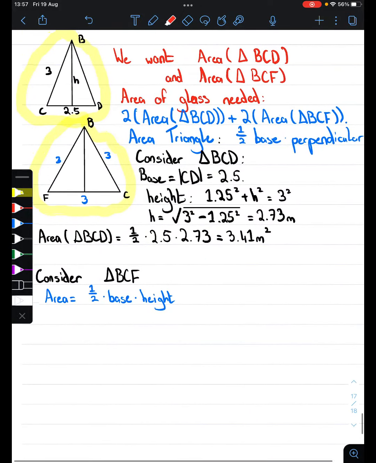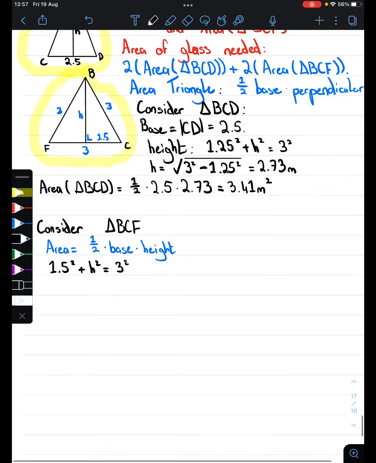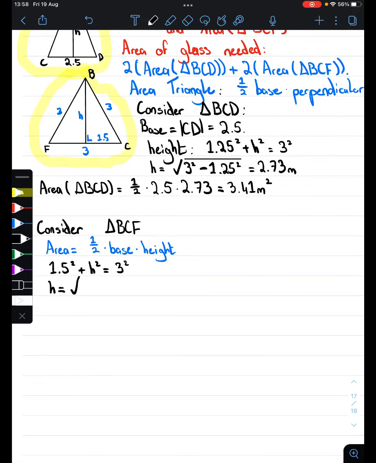And so now we want to calculate this height here. We can split it into 2 right angle triangles like we did before. And again, we'll have 1.5 squared plus the height squared is equal to 3 squared. And so then h equals the square root of 3 squared minus 1.5 squared, which is 2.6 meters.